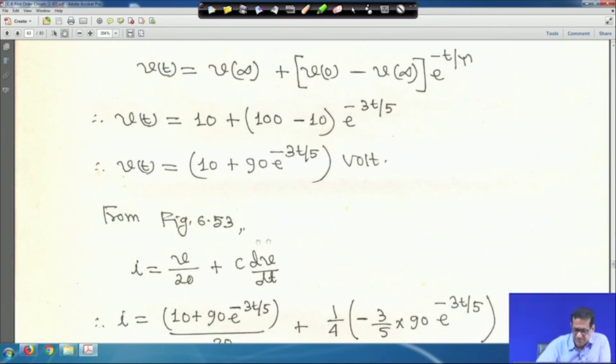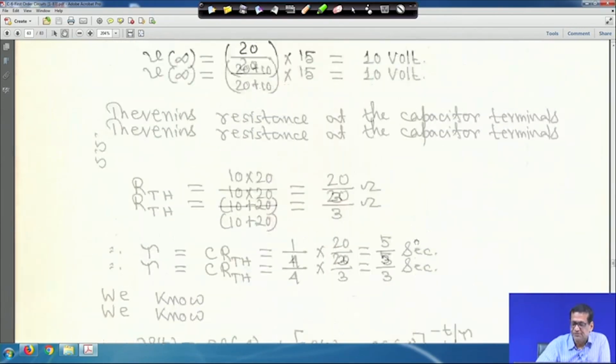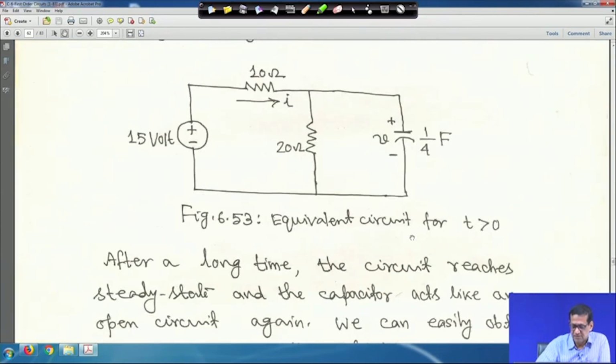Now, from figure 53, I is equal to, now if you come to your figure 53. One thing is there, that this voltage V, no other element is there. So the same voltage will impress across your 20 ohm resistance.